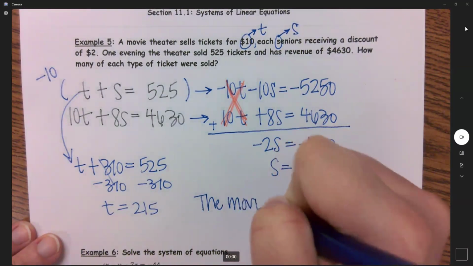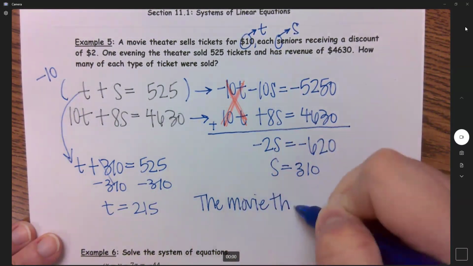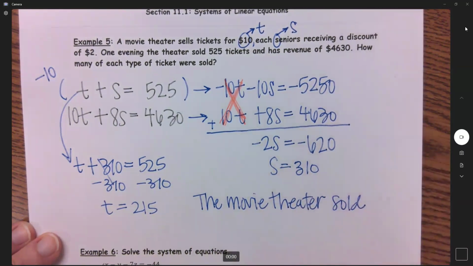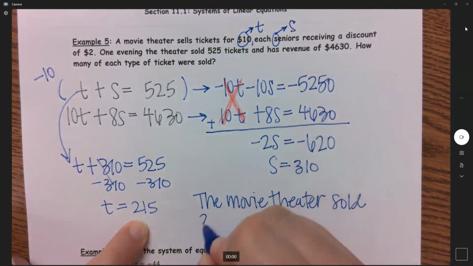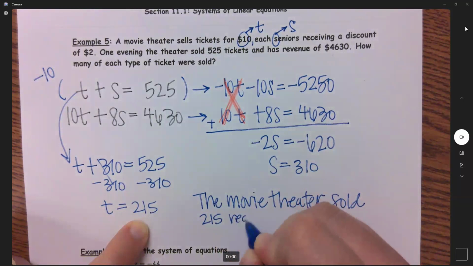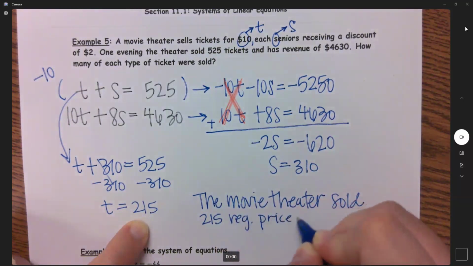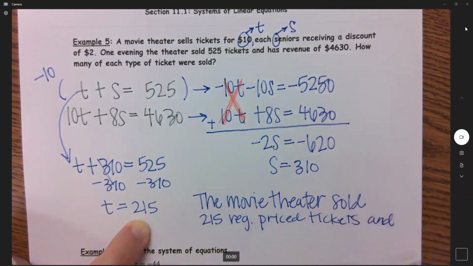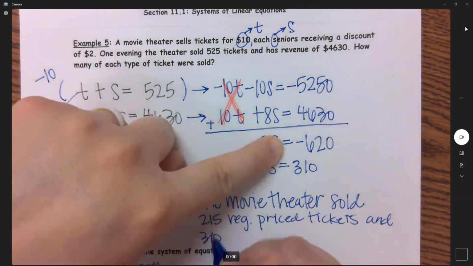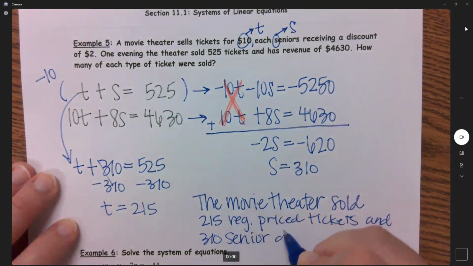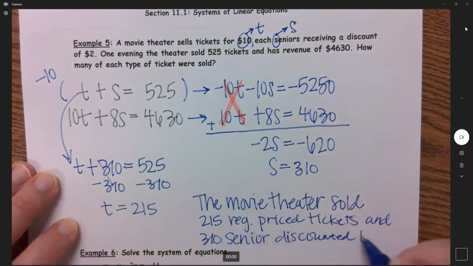The movie theater sold 250 regular priced tickets and 310 senior discounted tickets.